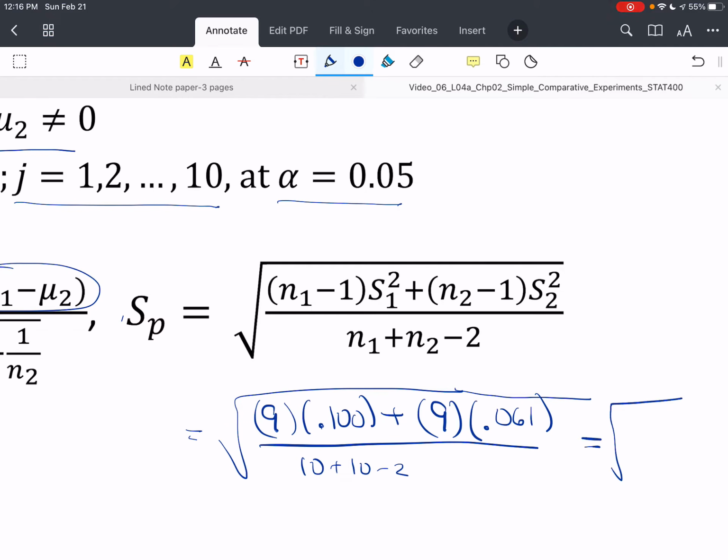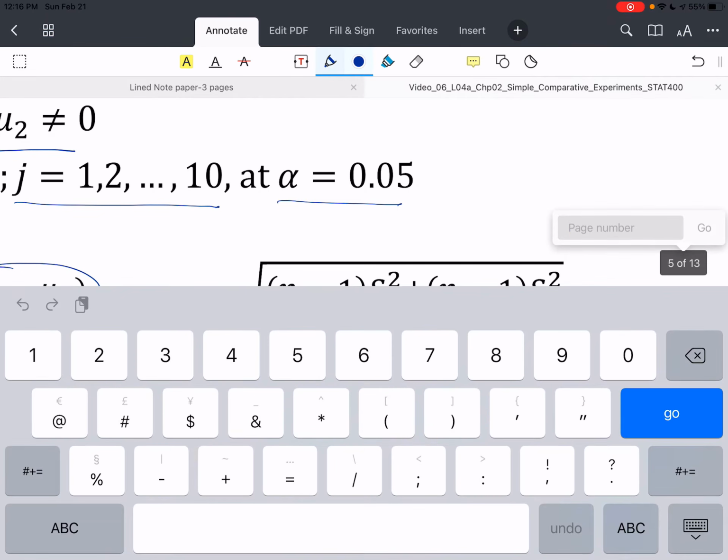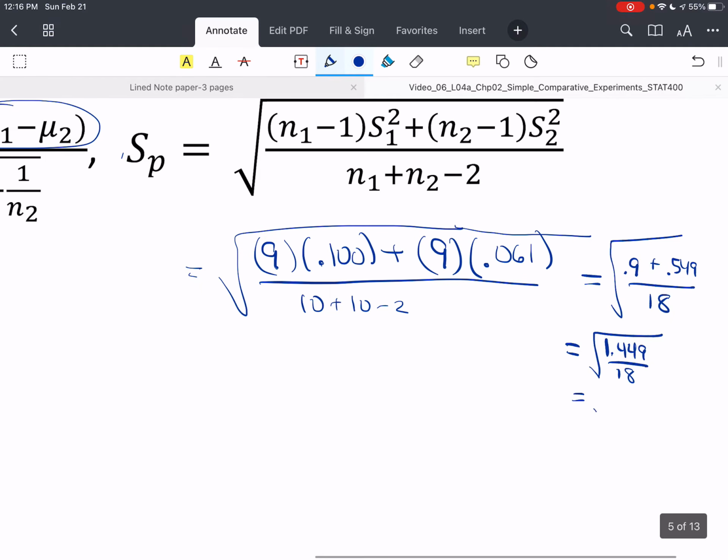So equals 0.9 plus 9 times 0.061, which is 0.549, over 18, which is equal to the square root of 0.9 plus 0.549 is 1.449 over 18, which is 0.0805. Equals the square root of 0.0805.